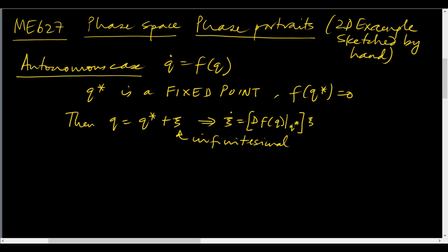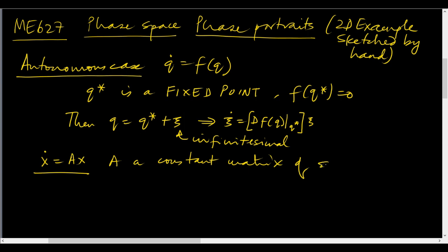Okay, and that leads to our study of the system x dot equals Ax, A a constant matrix of size n by n.